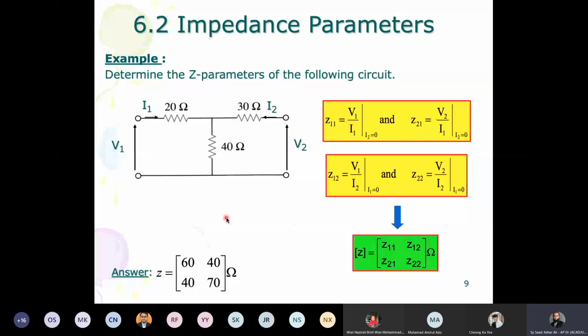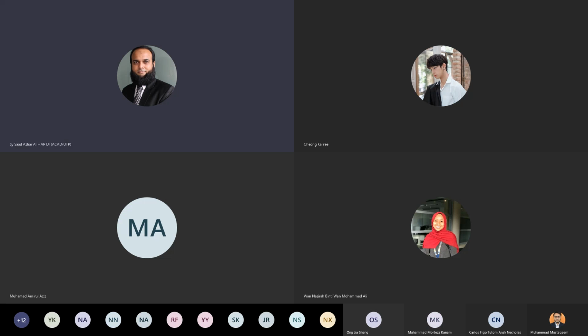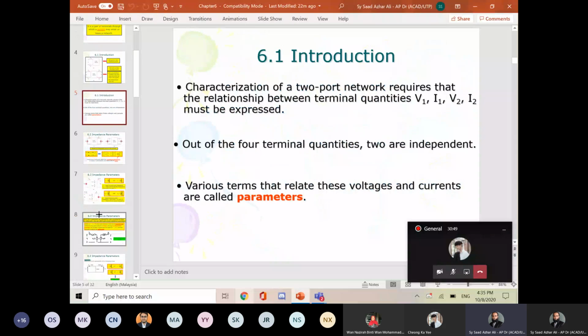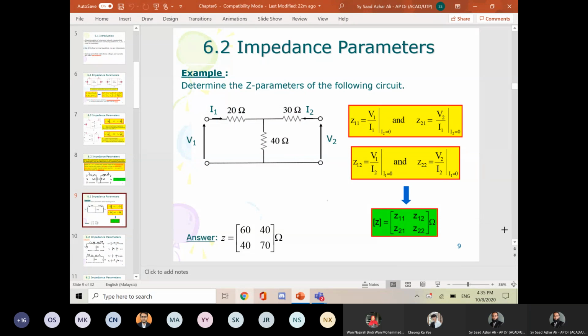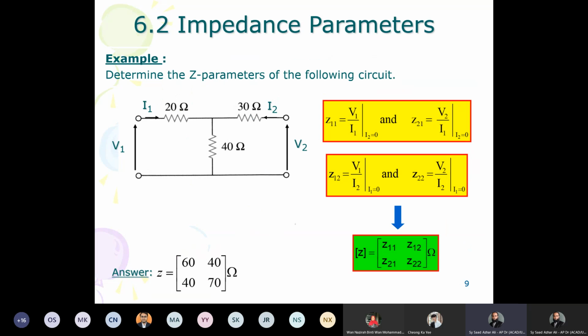Let me share my screen. If I keep it like this, this is the two-port network, in which there are two terminals here and two terminals here.